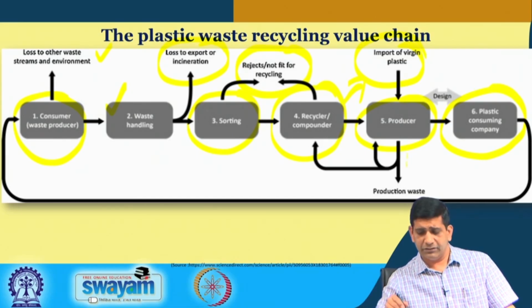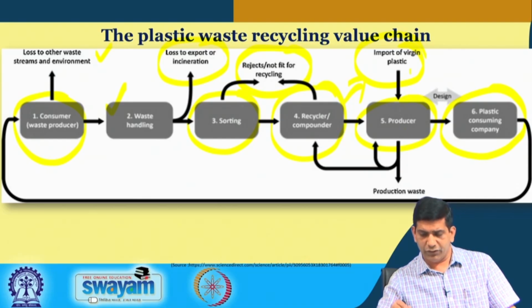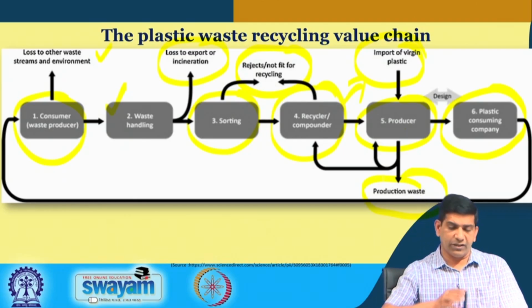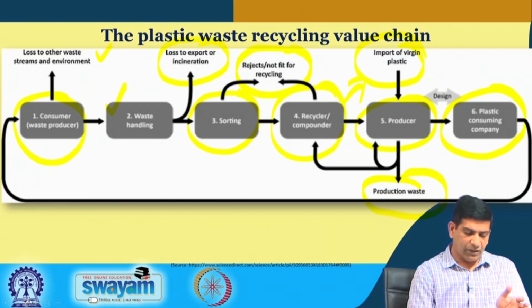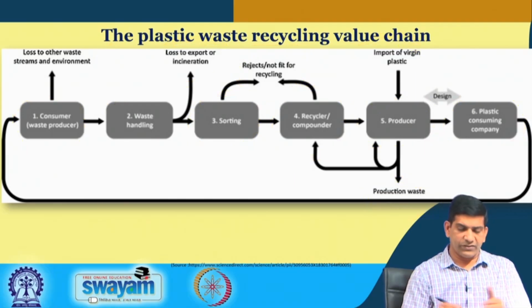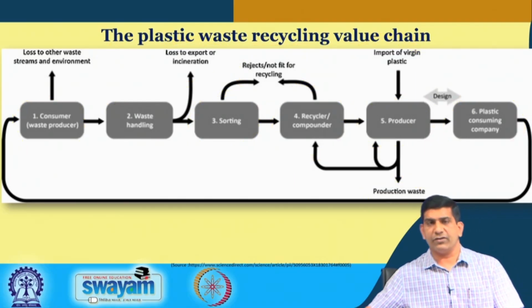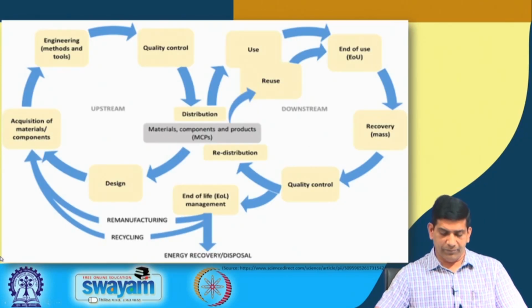In between, whether you are using virgin plastic or recycled plastic, you make the product, and there will be some production waste. So, all those things come into the picture in the plastic waste recycling value chain, the different aspects of how plastic waste moves in an economy.